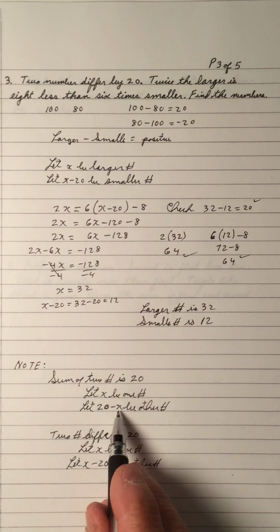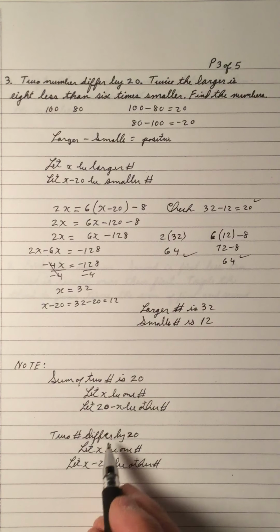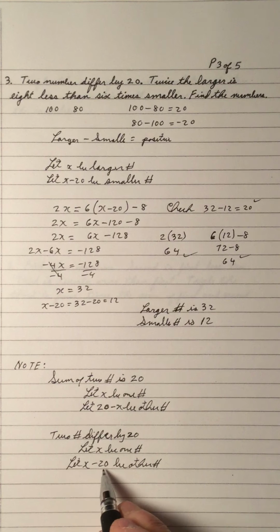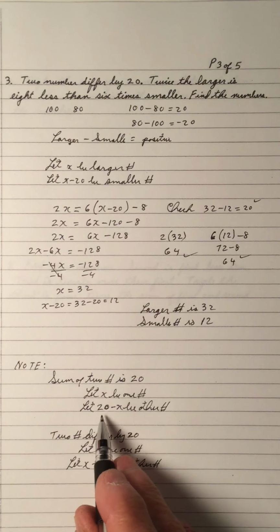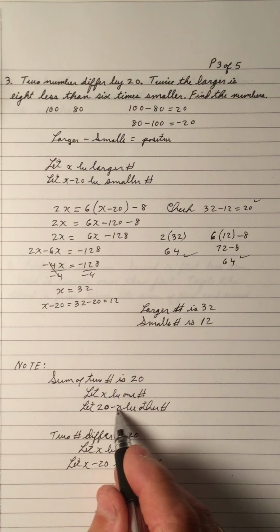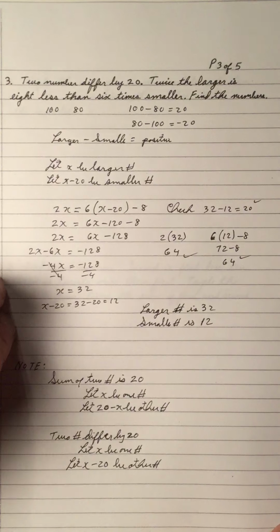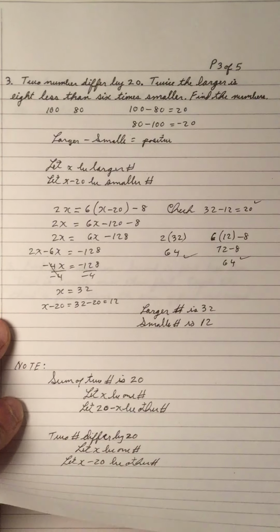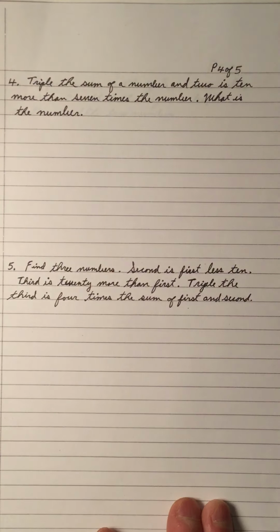Notice that's 20 minus x. This is x minus 20. So I remembered differ is subtract. So then when I went to sum, I said, let's reverse. So x minus 20 for differ, 20 minus x for sum. Be careful. Just driving that home. You'll see it over and over again in more problems.